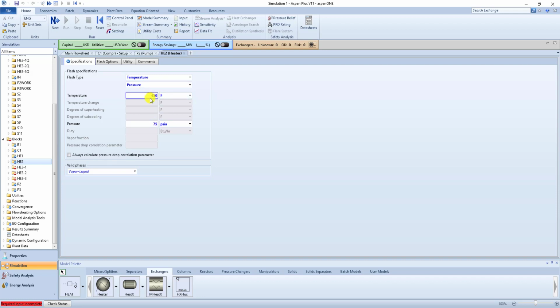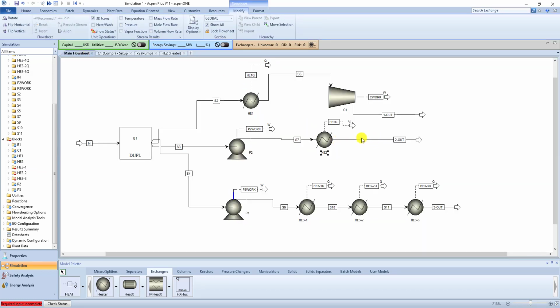So here we can select 450 and 75 psi because those are the exit temperature and pressure of our heat exchanger due to our specification.